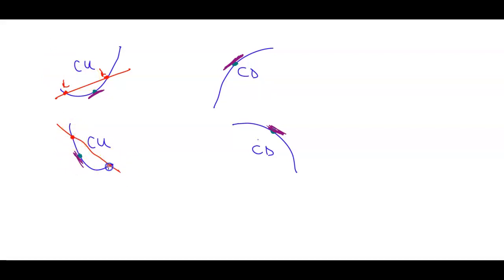Again, from here to here, we see that the graph lies below the secant line. So the function lies below the secant line, so therefore it's concave up.